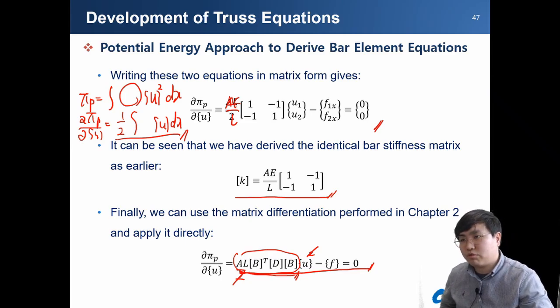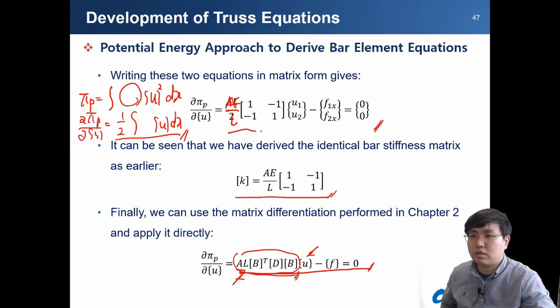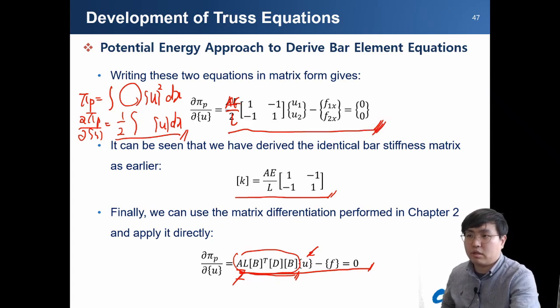However, first we try calculating each component separately, and then combine these two equations in a single matrix form. This is an easier way to understand the derivation of our stiffness equation by the potential energy minimum approach method.